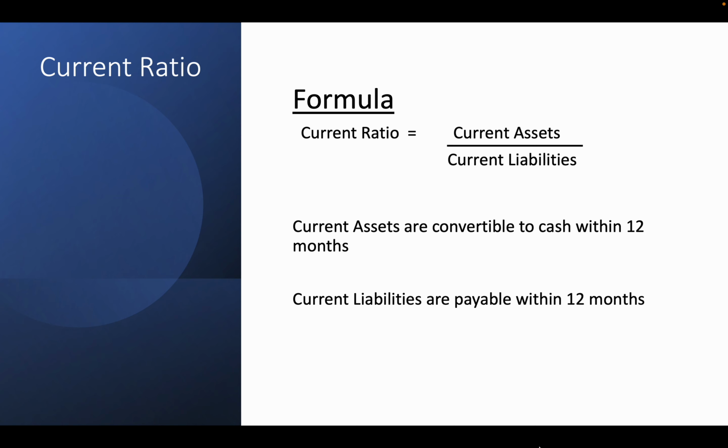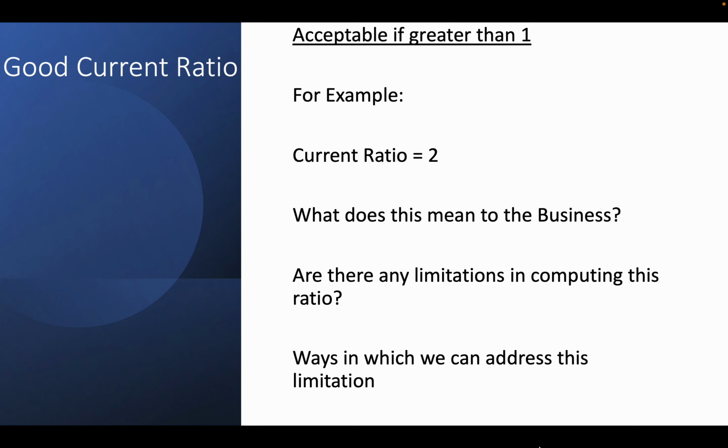And what are current liabilities? They are the liabilities that you owe to other parties. You are obliged to make those payments within a period of 12 months. So this is how you theoretically calculate it, and when you compute it, you arrive at a ratio.